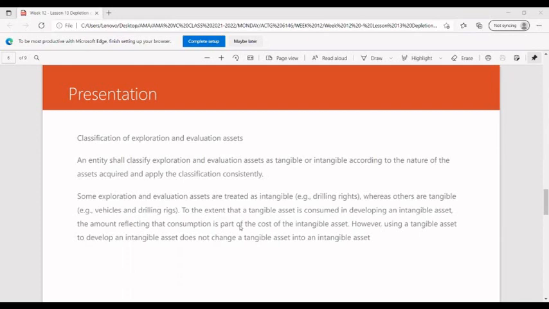To the extent that the tangible asset is consumed in developing an intangible asset, the amount reflecting that consumption is part of the cost of the intangible asset. However, using a tangible asset to develop an intangible asset does not change a tangible asset into an intangible asset.